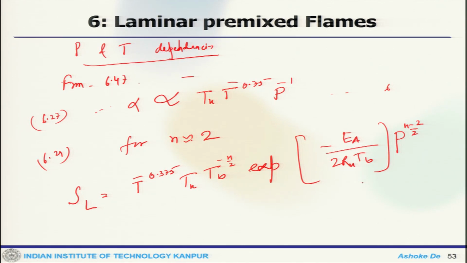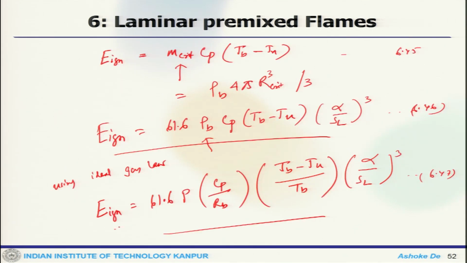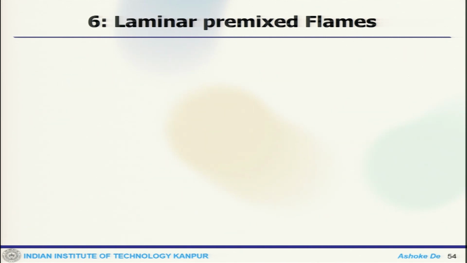So, this is what we have already obtained in 6.29. So, these two pieces of information we have, and we want to use this and connect with this ignition energy equation, and if we do that, what the combined effect of SL is, E ignition is proportional to P to the power minus 2.